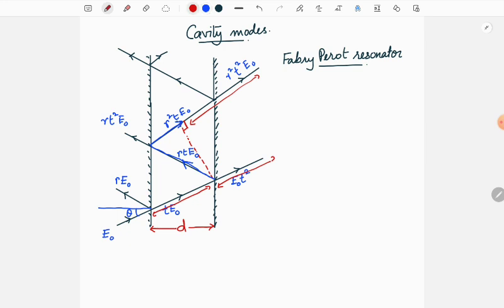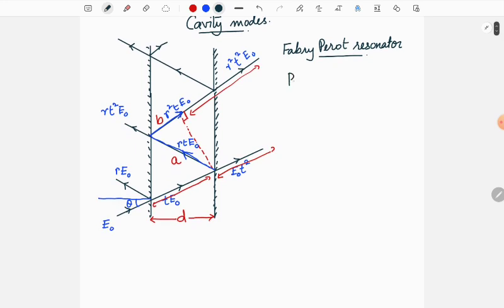And how do we name them? Let's say we call this length A and this length B. So the path difference between consecutive rays is equal to A plus B, and then it's just geometry.